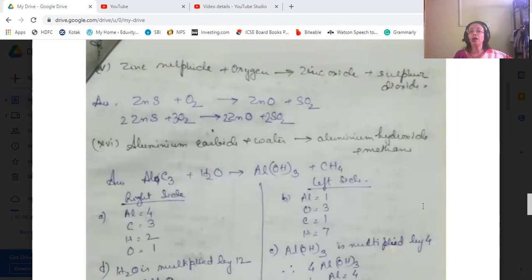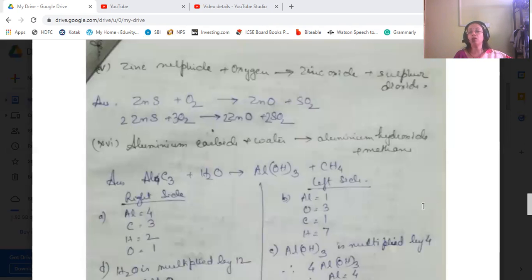So we multiply zinc sulfide on the left-hand side by 2. So we get 2 ZnS, and to balance that, we multiply the product side ZnO, that is zinc oxide, and sulfur dioxide by 2. So it will be 2 ZnO plus 2 SO2, and so we get 6 of oxygen.